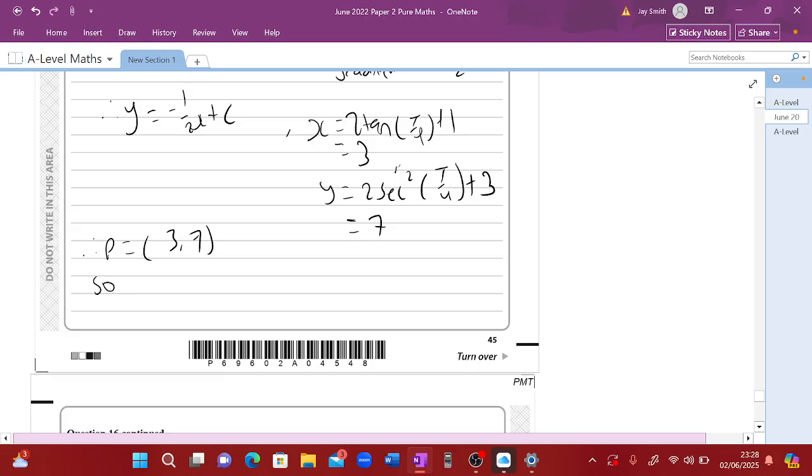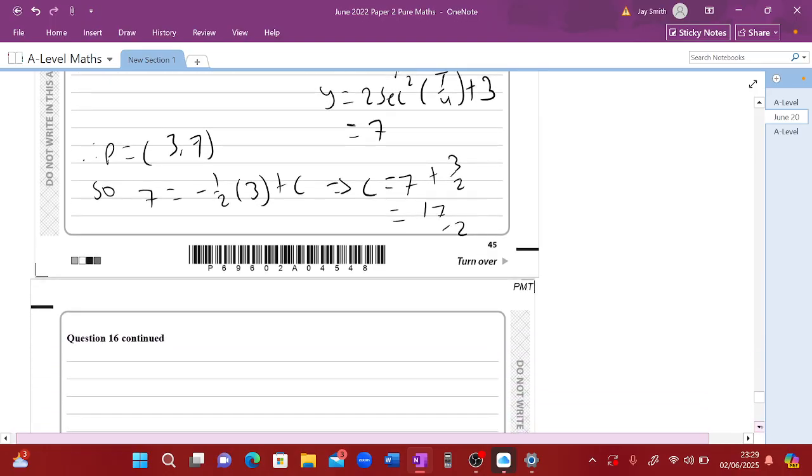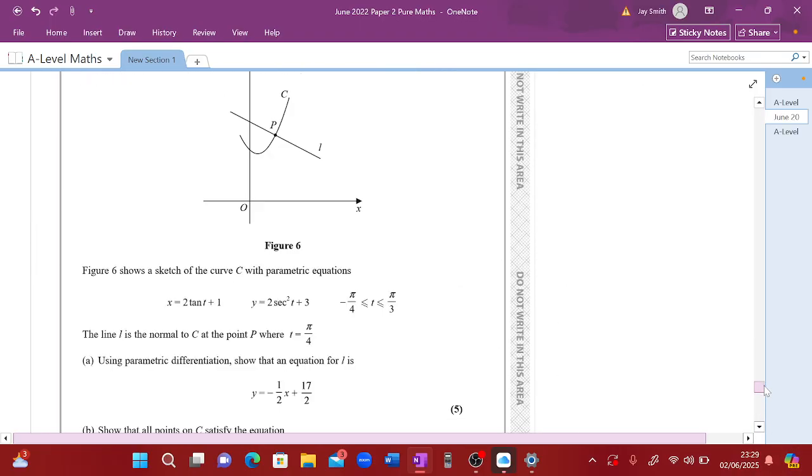So if we sub P into the line, we will get 7 is -1/2 of 3 add c, which means c is 7 add 3 over 2, which is 17 over 2. So therefore, the equation of the normal at P is going to be y is -1/2 x add 17 over 2. And hopefully that should be what they got. Yes, -1/2 x add 17 over 2.